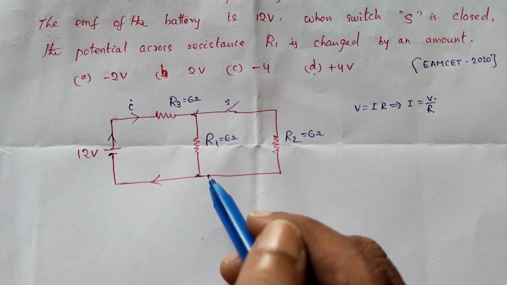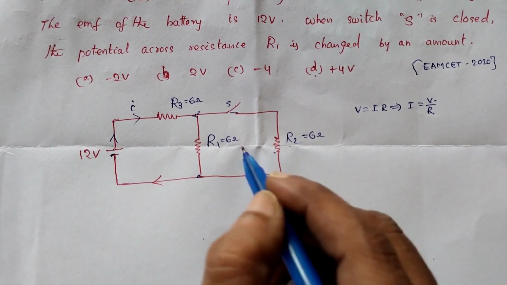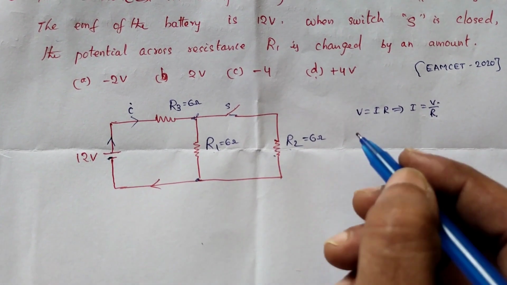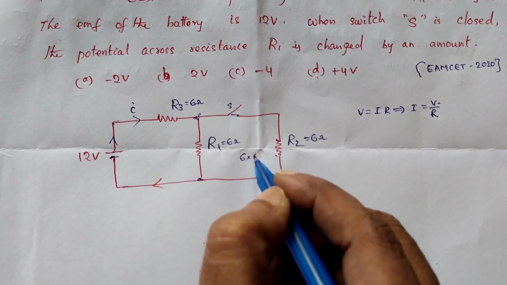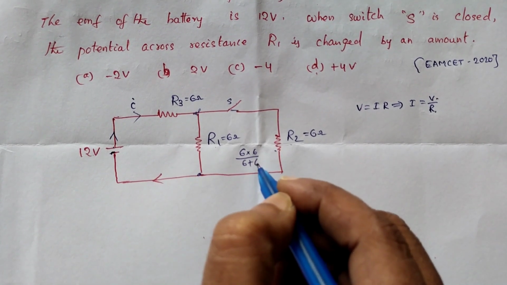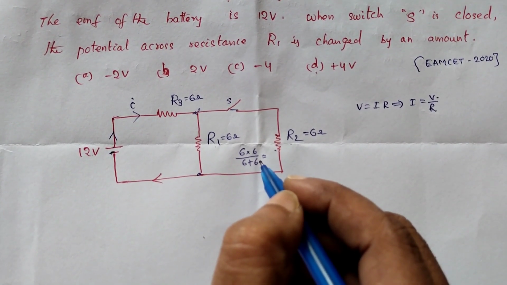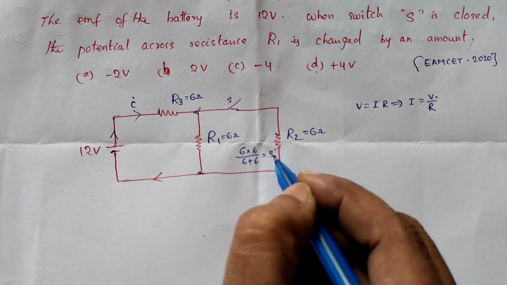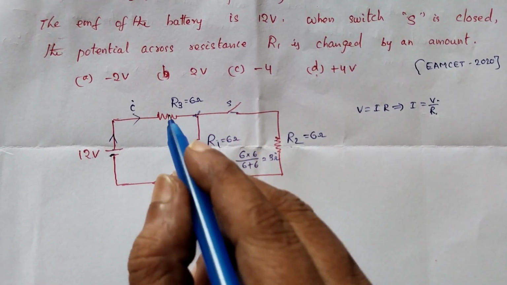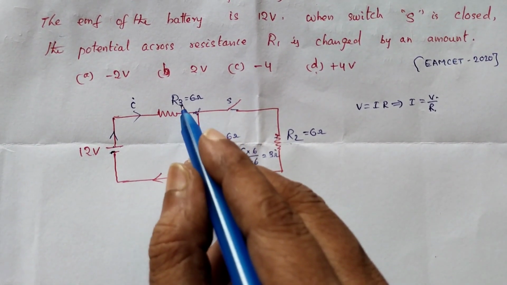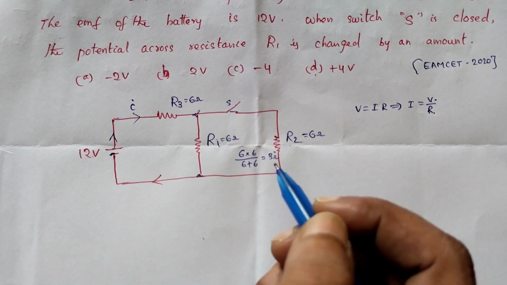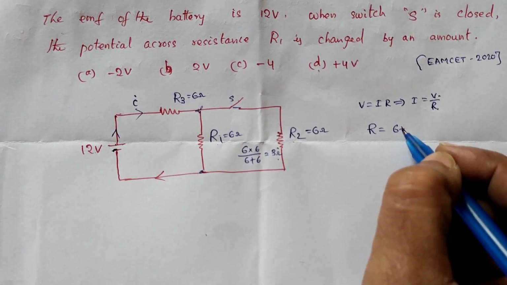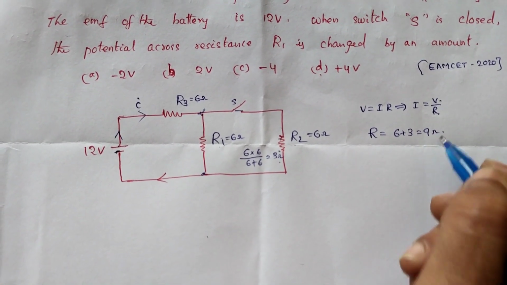The resultant resistance of these two in parallel is 6 into 6 by 6 plus 6, that is 6 by 2, which is 3 ohms. This one is connected with R3 in series. So 6 plus 3 is 9. So the resultant resistance R is equal to 9 ohms.